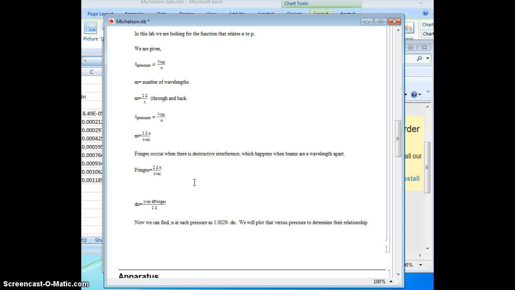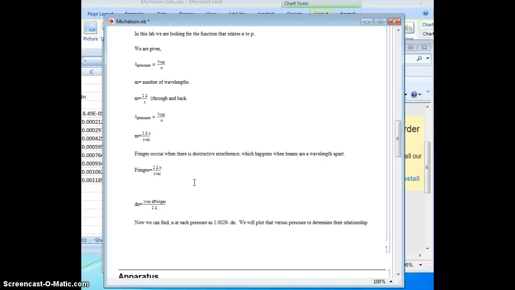In this lab, we did not necessarily know where the bright spot was, and similarly with the pressure measurement, we didn't necessarily know precisely. We didn't necessarily have a zero, but we certainly could.